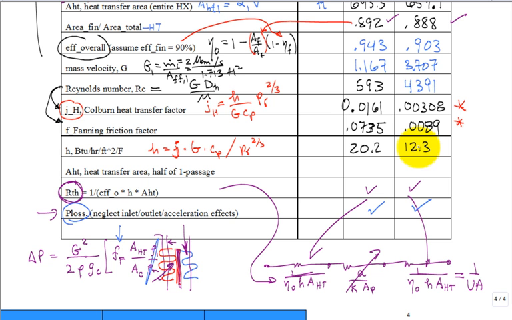And this is BTU per hour foot degree F. So what did you get near 20? I got 18.84 and 11.95. Almost. Yeah, okay.